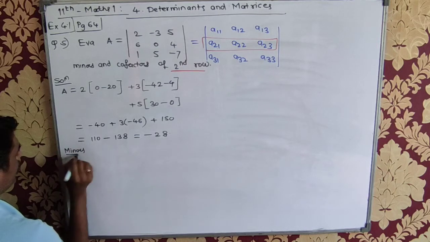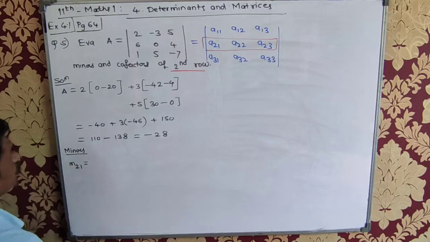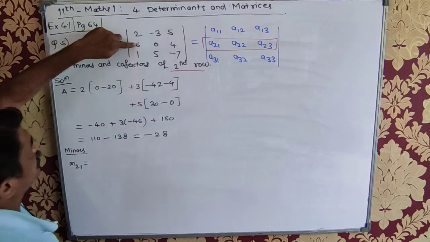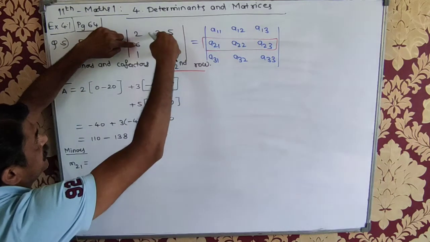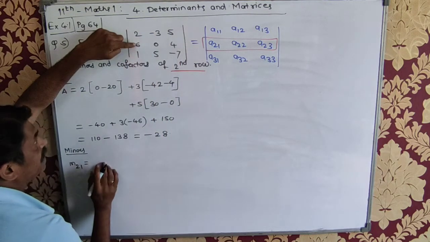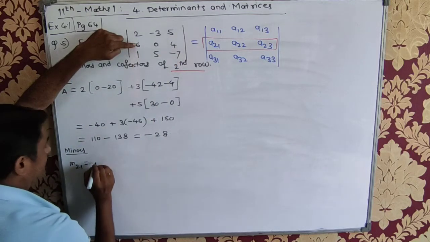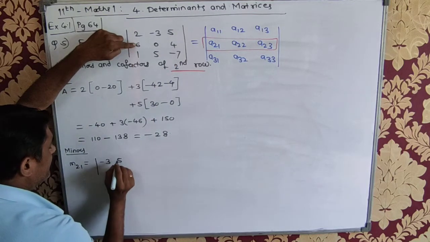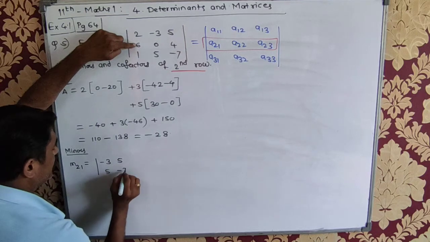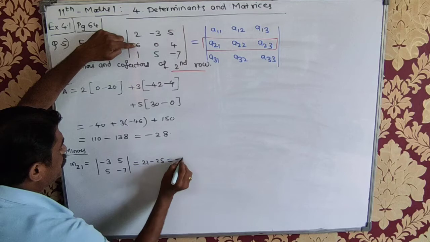Its minor is called as M21 is equal to what? इसका माइनर चाहिए. This product will be 3 into 5 minus this product. So I'll write down that M21, because this minor is given by, 21 minus 25, that is equal to minus 4.